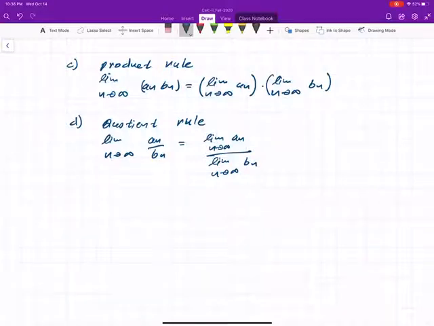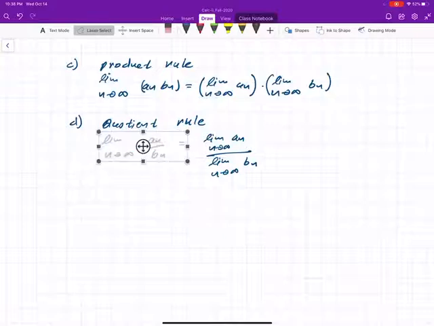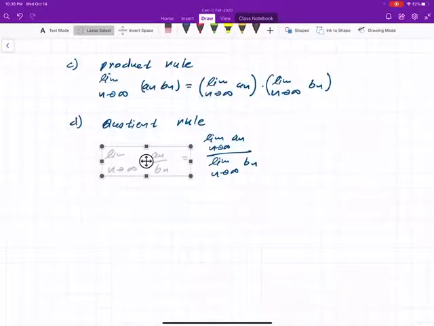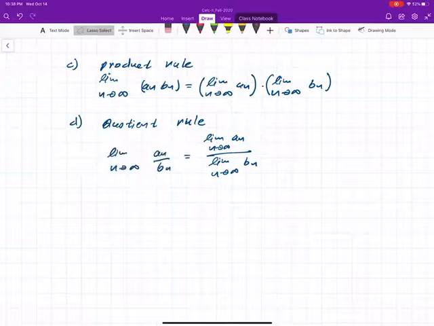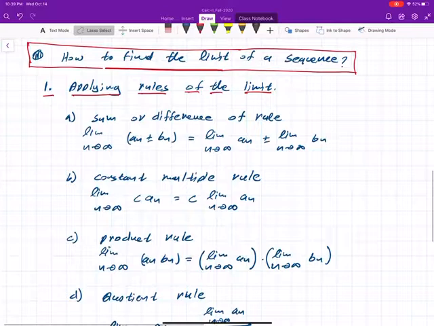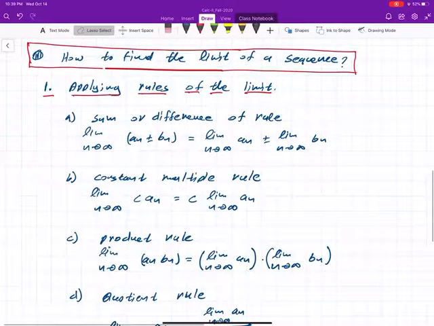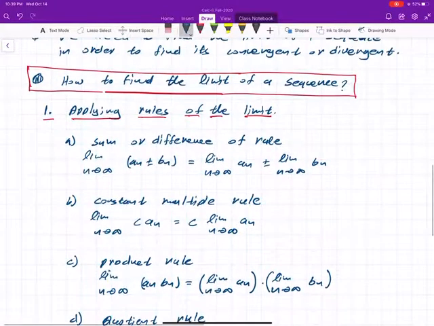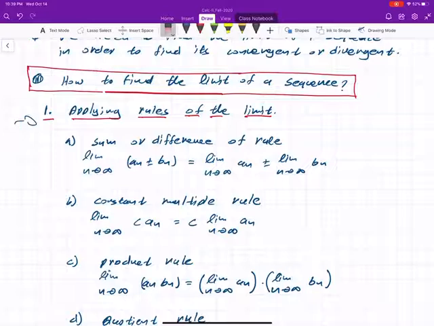Alright, so these are the four different rules that you learned in Calc 1. I'm just giving you a review in this class. You could use any rule you would like in the first approach, which is applying rules to find the limit of a sequence. Alright, so that's the first approach.